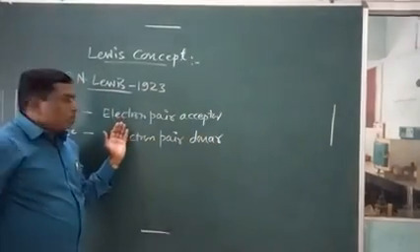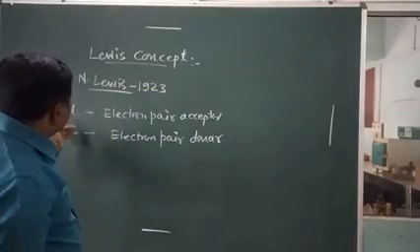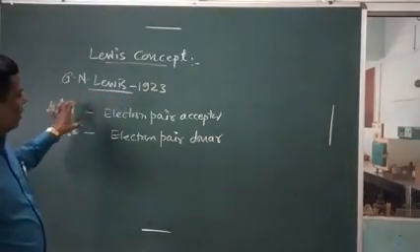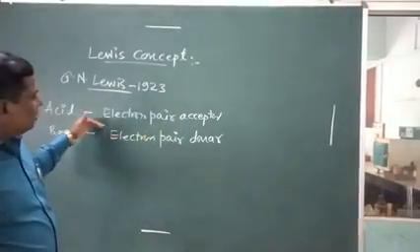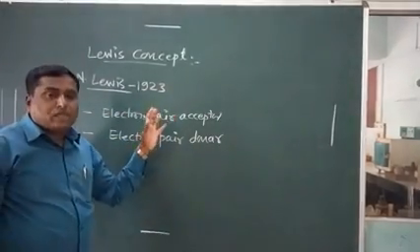These are the two substances, one is acid, the second is base. Acid is an electron pair acceptor, base is an electron pair donor substance.